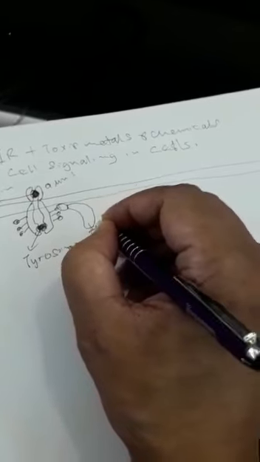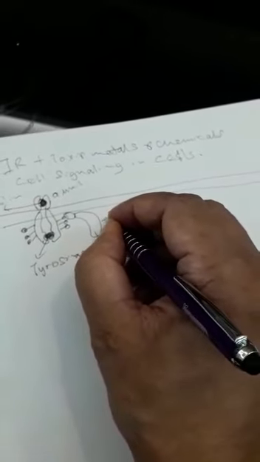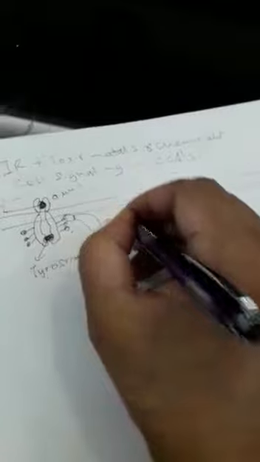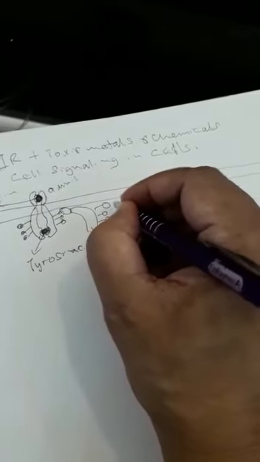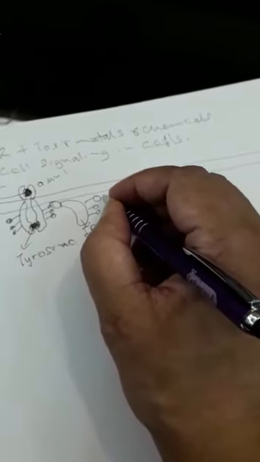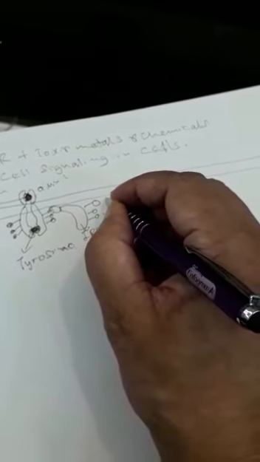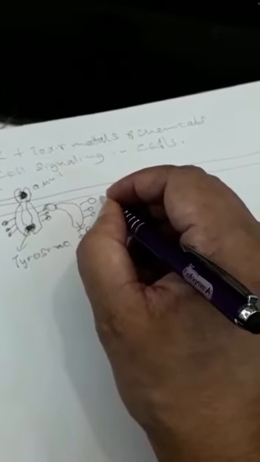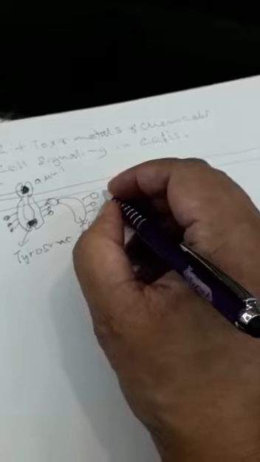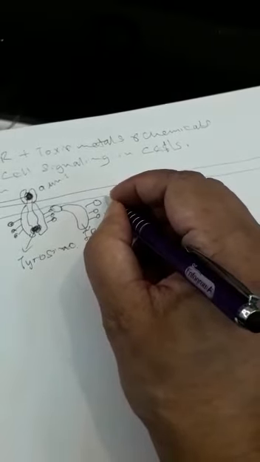So then another phosphorylation occurs. With this phosphorylation, we have another complex that comes in, called PI3K.